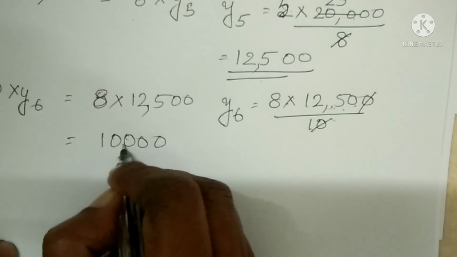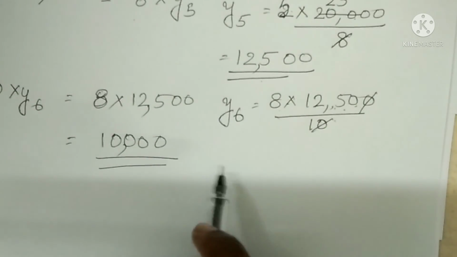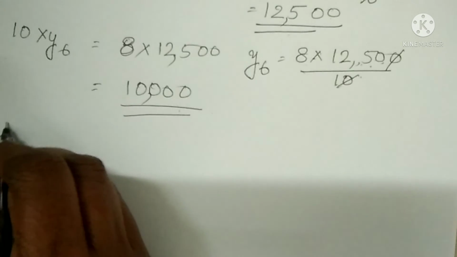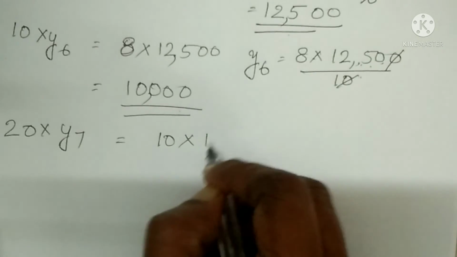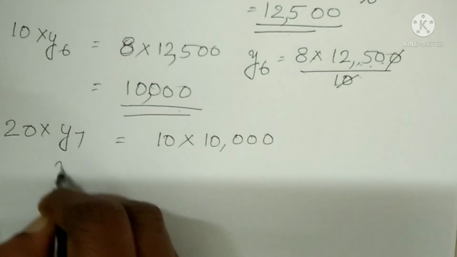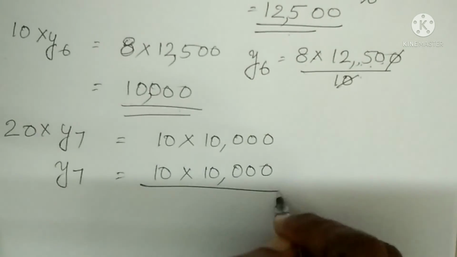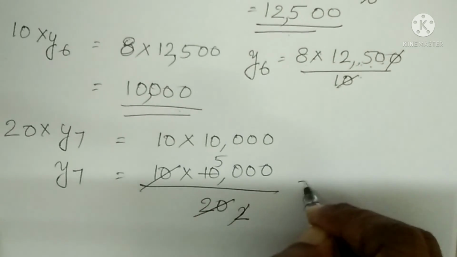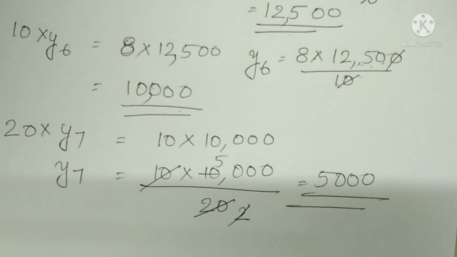And one more 0, that is 10,000. So if there are how many people? 10 people, then each one will get 10,000. Now if there are 20 people, 20 into Y7 is equal to 10 into 10,000. So Y7 is equal to that upon 20. Each one will get 5,000. So as the number of people increases, the amount each one gets will decrease.